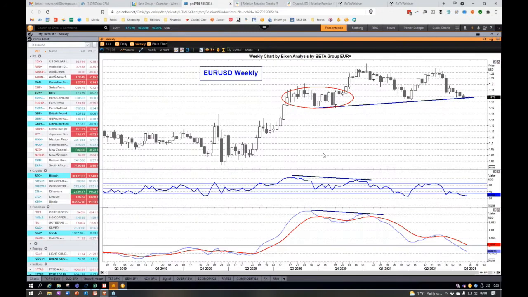So how does that look on the individual charts? The dollar itself is really approaching very important resistance levels as measured by the dollar index from April 21 and April 20. It's been very, very strong, but it is approaching resistance levels. So, starting off with a weekly chart of the euro dollar.